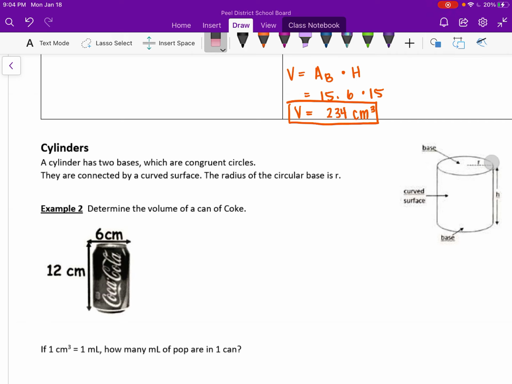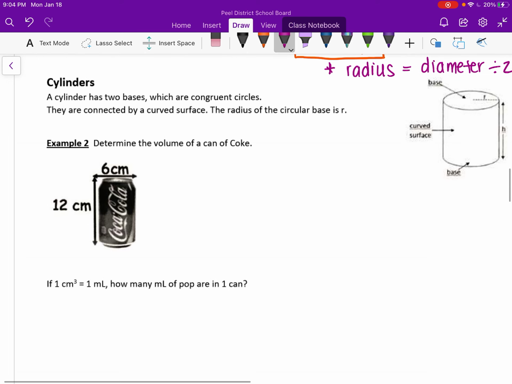That's considered the diameter. So a good thing to remember here is that radius is equal to diameter divided by 2, right? So if we go here, the first thing we want to figure out is this is a cylinder. I know that the volume of a cylinder is equal to the area of the base times the height. You still use the same logic.